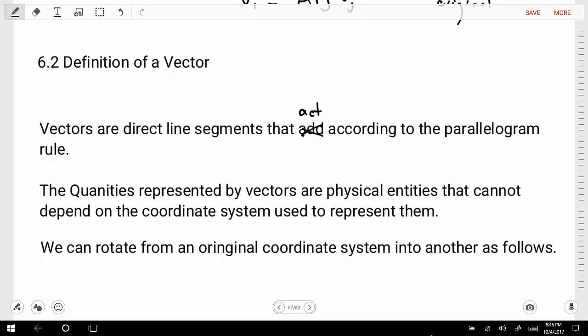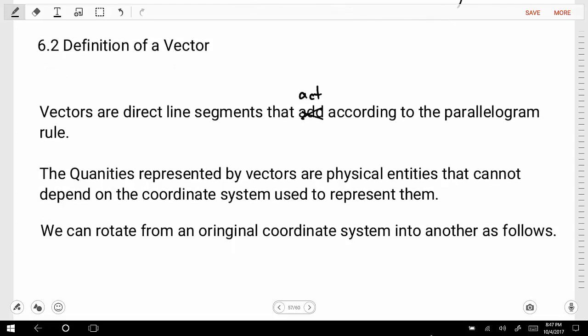And the quantities represented by vectors are physical entities that cannot depend on the coordinate system used to represent them, meaning that we can change our coordinate system, but the vector itself, in a coordinate-free sense, remains the same.